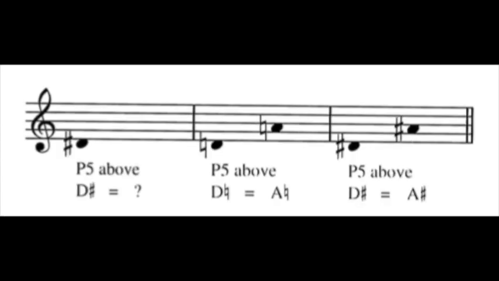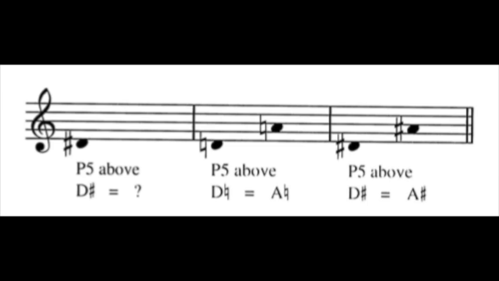If we want to spell one of these intervals above E flat, for example, we need only to think of scale steps 1, 4, and 5 of the E flat major scale. If the bottom note does not commonly serve as a first scale degree of a major scale, such as a D sharp, remove that accidental temporarily, spell the interval, and then apply the accidentals to both sides, as we can see here.